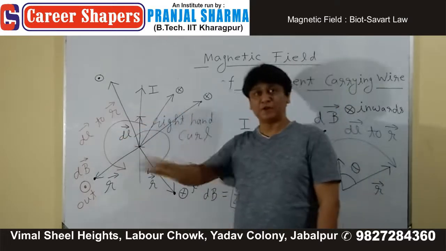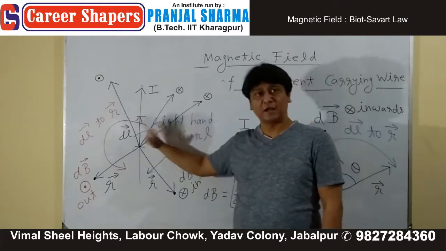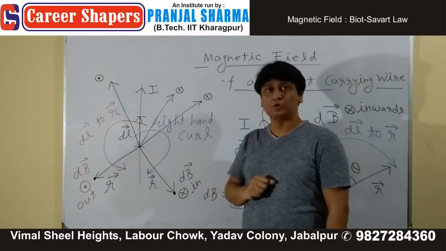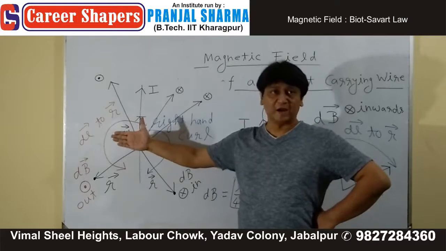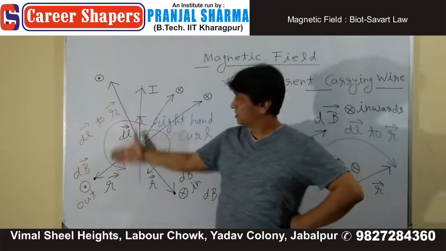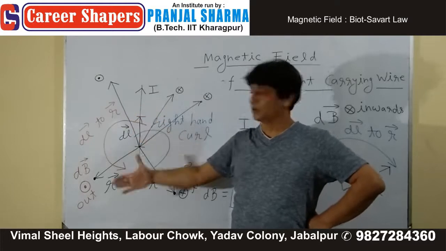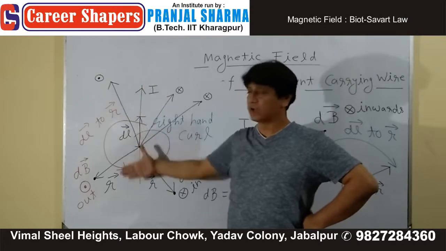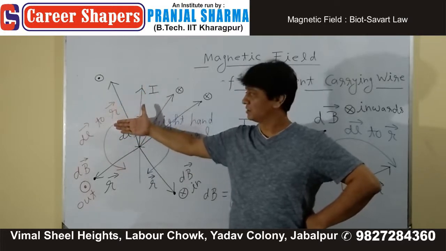Look at the second method and then we'll write the whole thing. Instead of taking curl and all, from now onwards, you can also use the second technique. Hold your right hand like this, thumb, this time in the second method, pointing in the direction of current flow, like this.